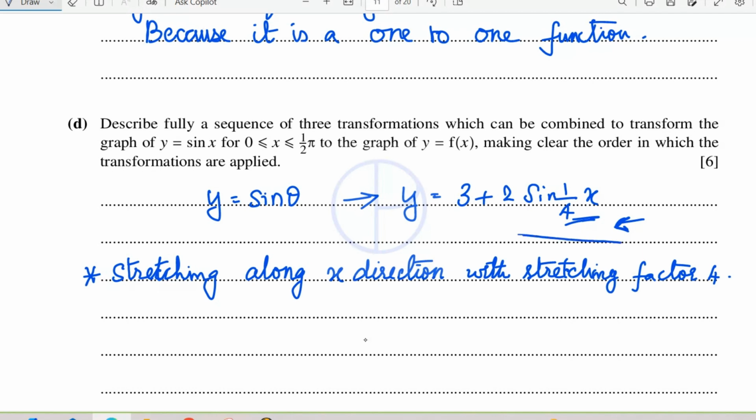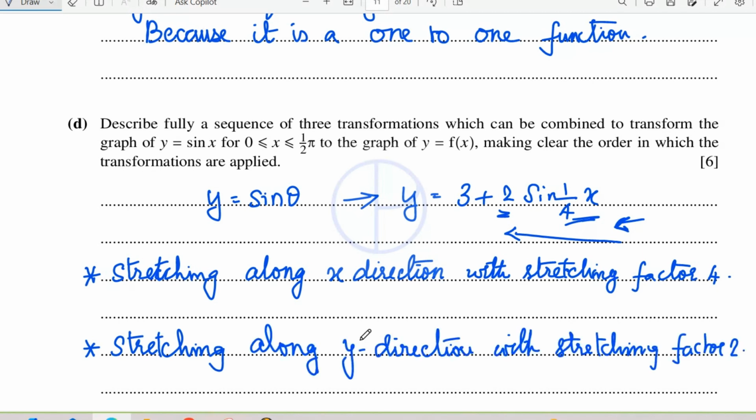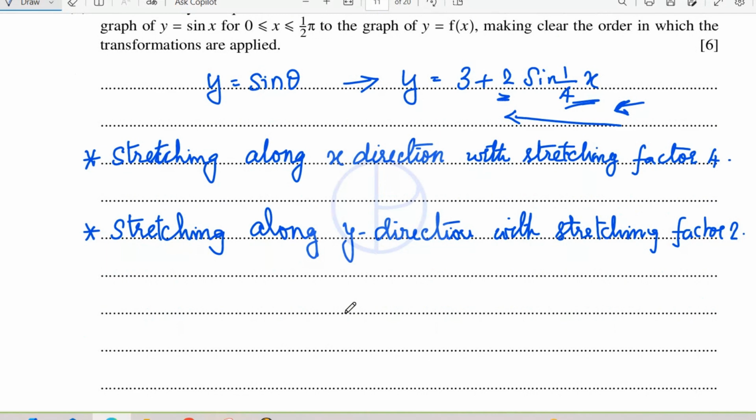So next is 2. So this is a stretching along the y direction with a stretching factor of 2. Next, this 3, it's a translation in y direction with the translation vector 0, 3.